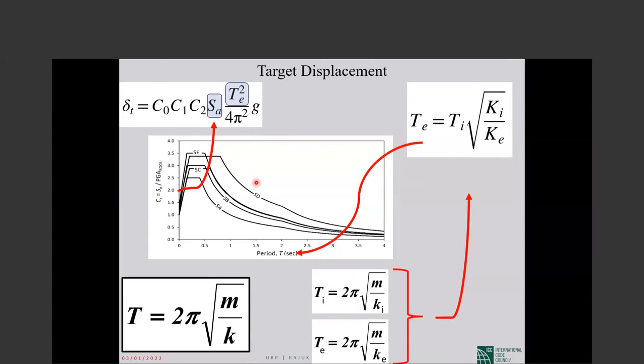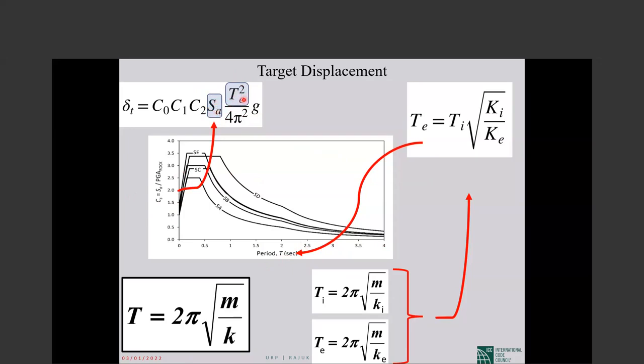One location is for changing SA to SD, where omega is dependent on period. And second, to find the SA from the response spectrum, we need the period. So period is very important. Estimation of the period is very important.